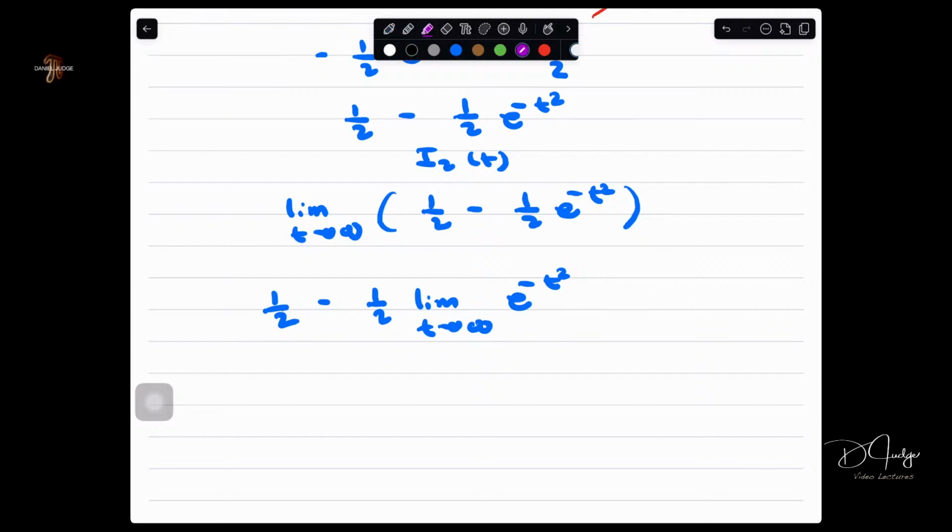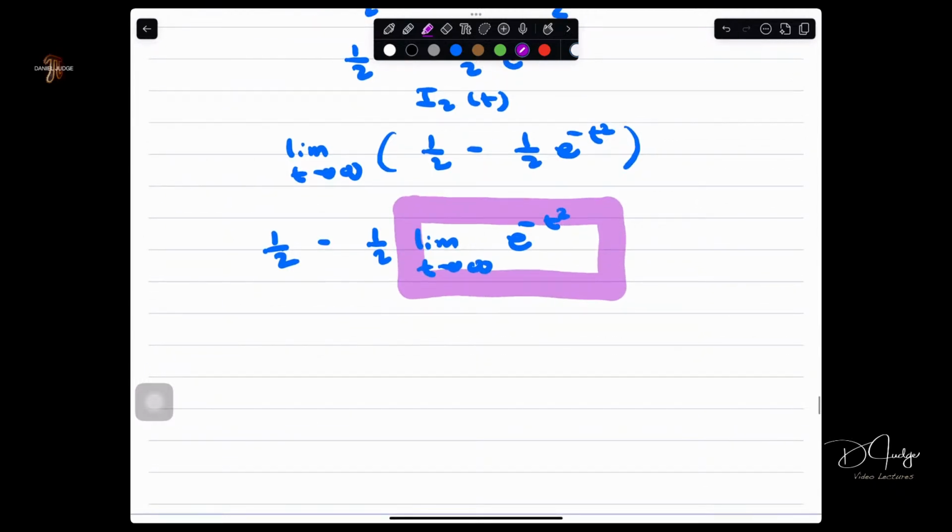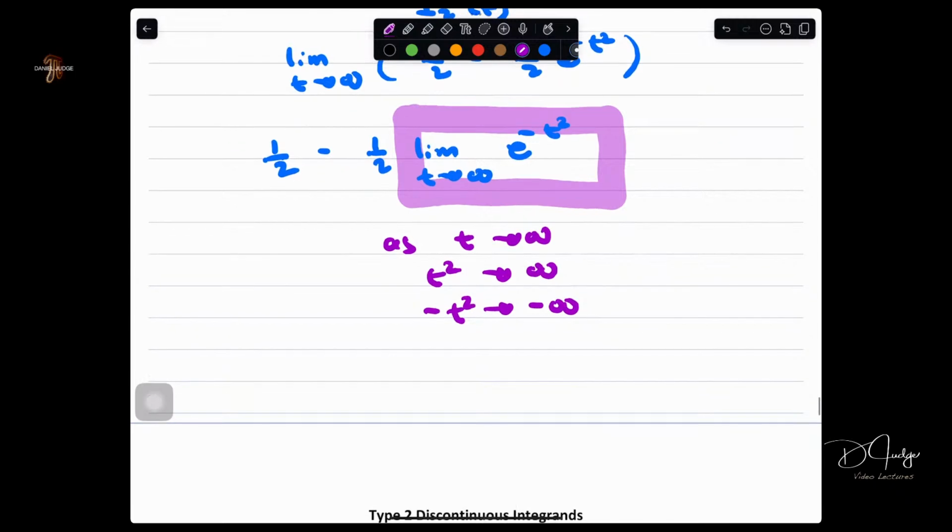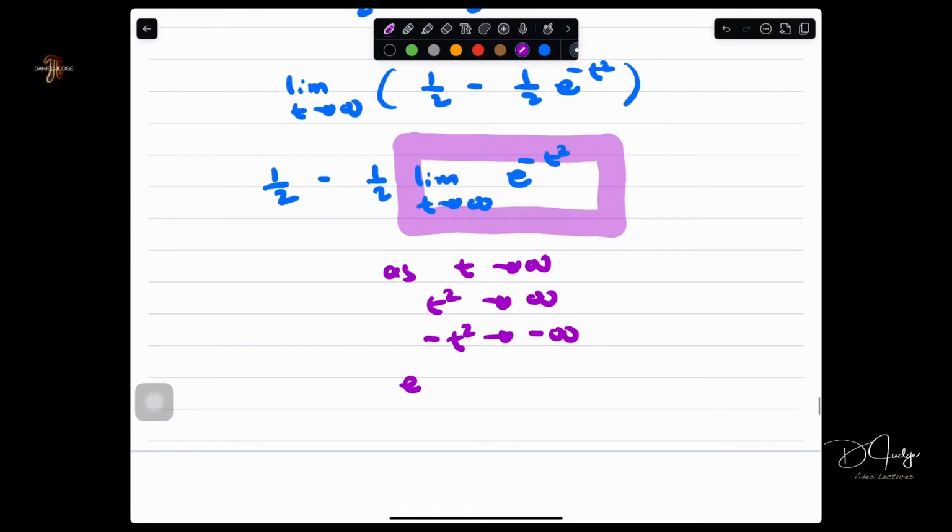And now we need to find where this limit goes to. So let's go through the logic. As t gets big, t squared gets big, and minus t squared goes to negative infinity. So then e to the minus t squared, well, this will also go to 0 for the same reason.